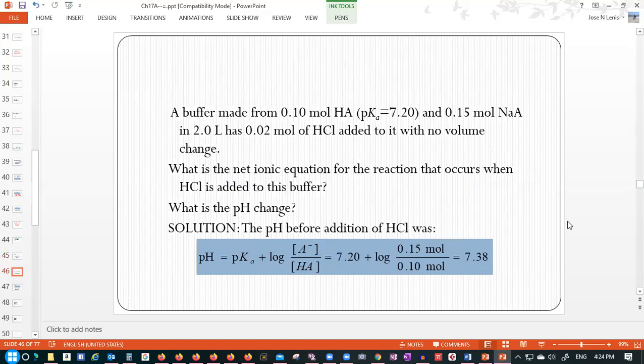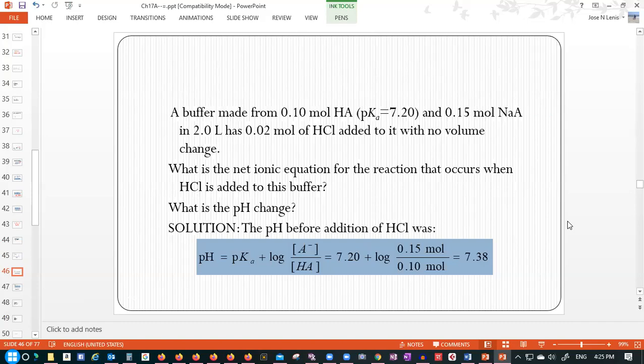Let's see this problem. This is a buffer made from 0.10 molar acid, HA represents the acid, and the pKa of the acid is given, 7.20. You see how useful it is to work with pKa's instead of working with Ka's?